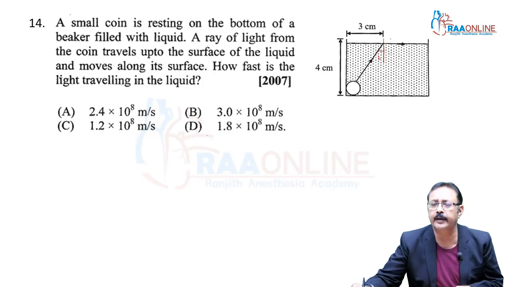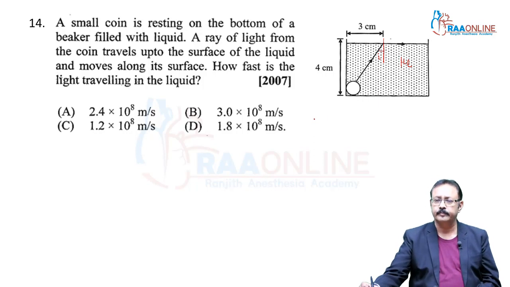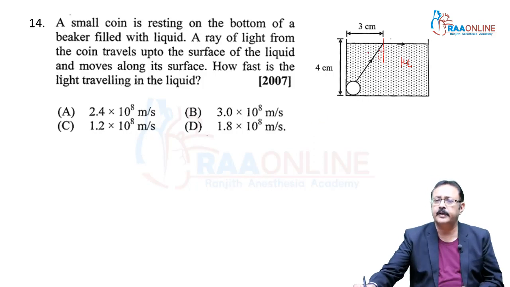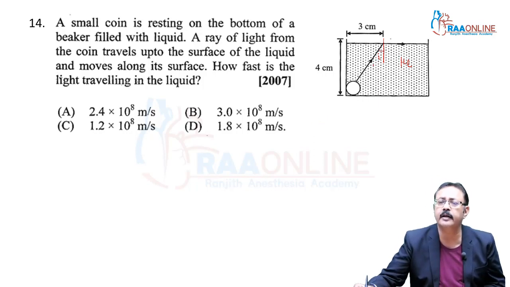If the refractive index of this liquid with respect to air is mu L, and this angle is i, which means the critical angle, this angle should also be the critical angle.